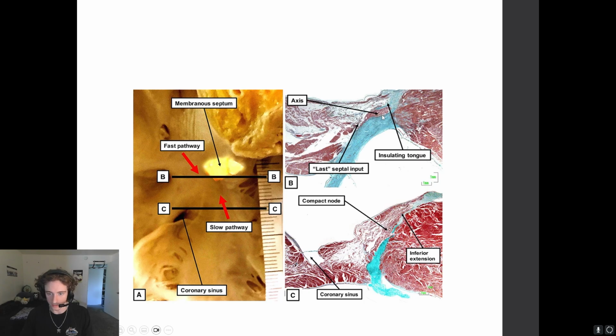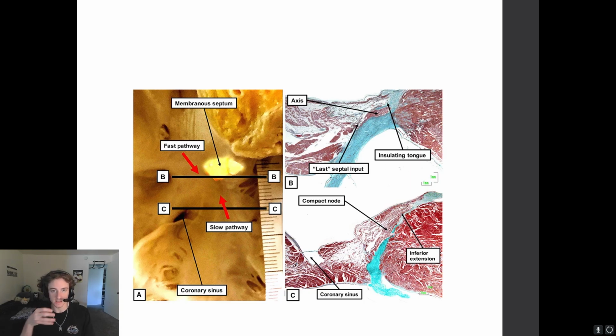So what else? Well, this is suggested to be the substrate of what? Okay, like you tell me. So we're right here. Okay, BB, we're taking a section right here. What is this last septal input going to be? A substrate for.